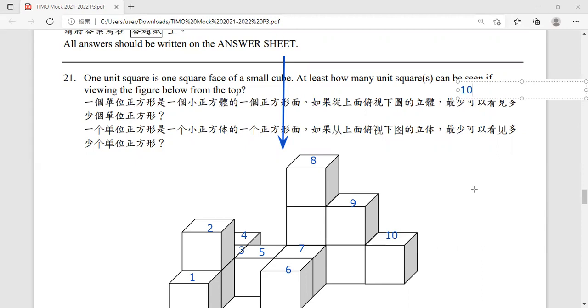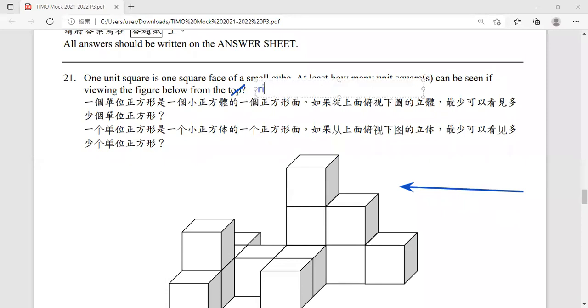How about counting from here, from the right hand side? Okay. Yeah, good.